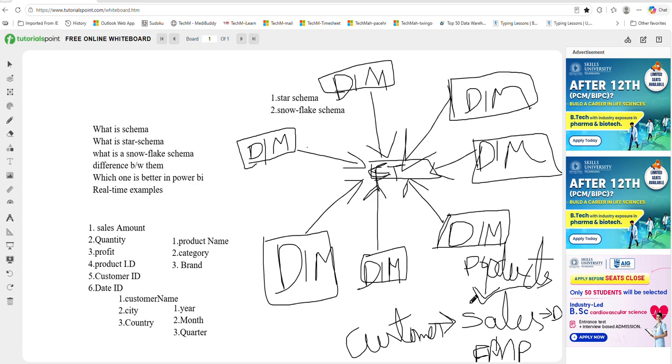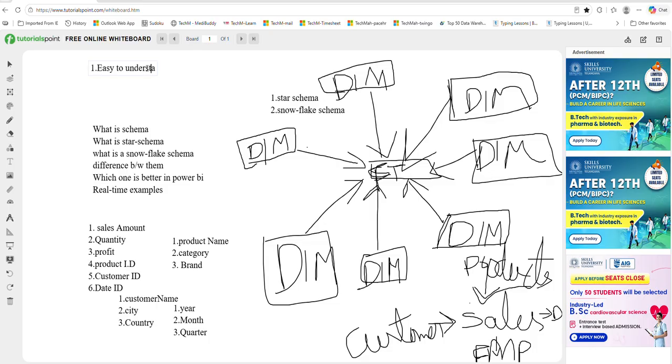Now I will explain advantages of star schema. Now let's discuss why star schema is important. First one is, I will write here, don't worry guys. It is easy to understand. Only one E, right?